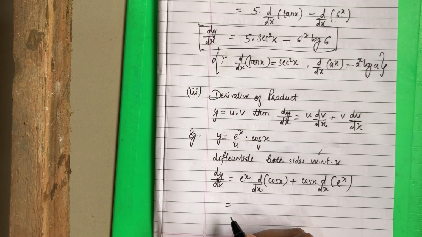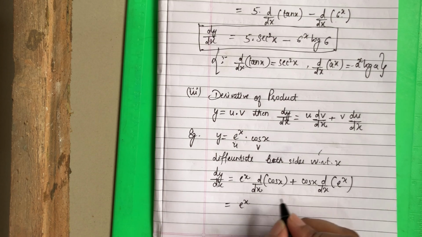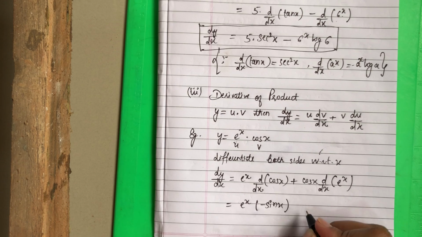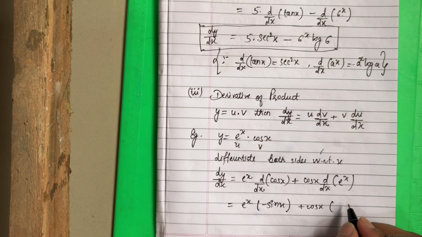Now using the formulas we have discussed in the beginning of the session, the differentiation of cos x is minus sin x, plus cos x. The differentiation of e raised to the power x is e raised to the power x. The derivative of exponential function is always the exponential function.